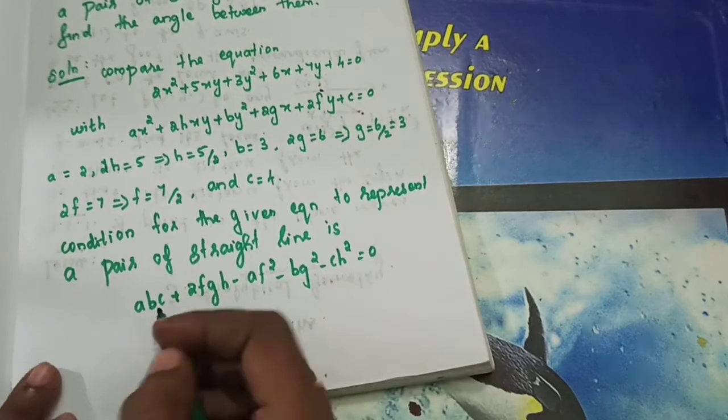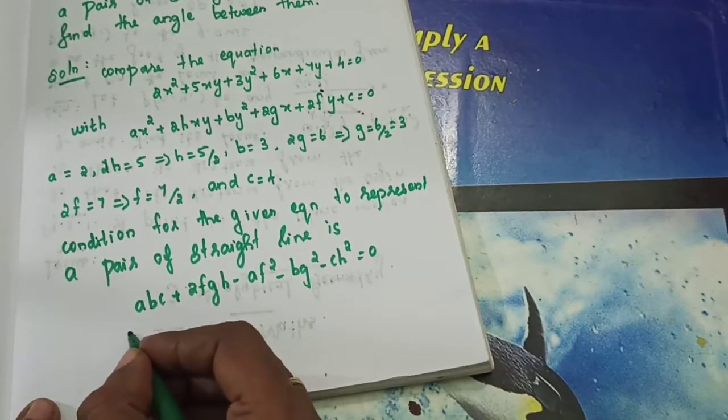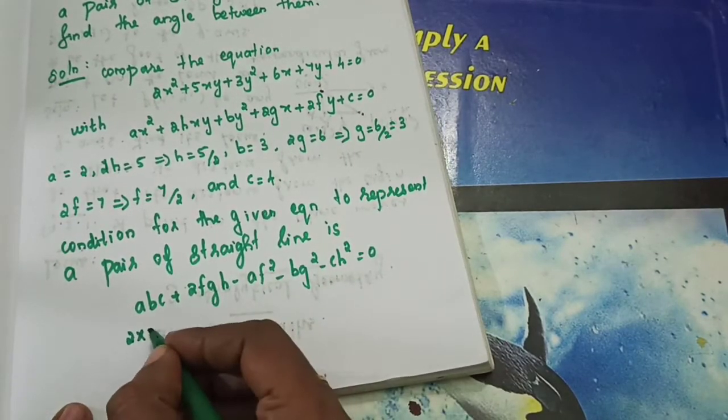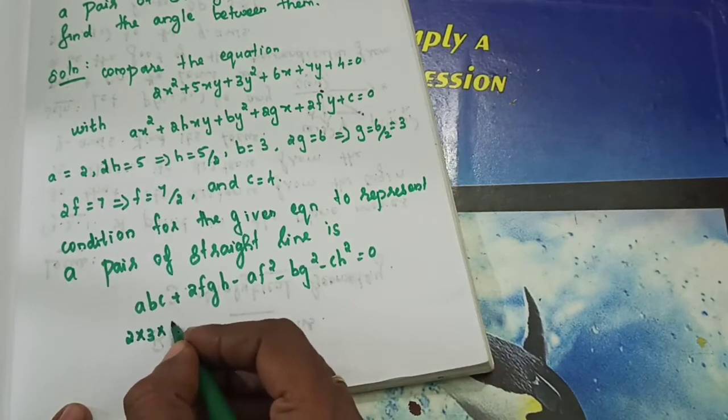Now you will apply all the values. What's the a value here? 2. What's the b value here? 3. What's the c value here? 4.